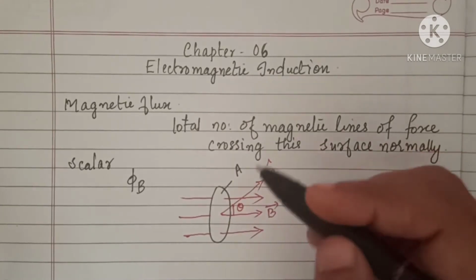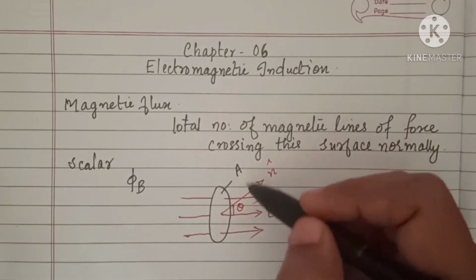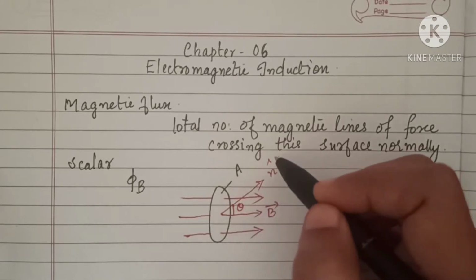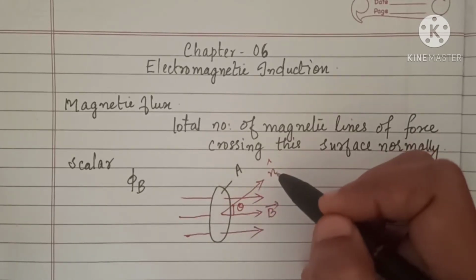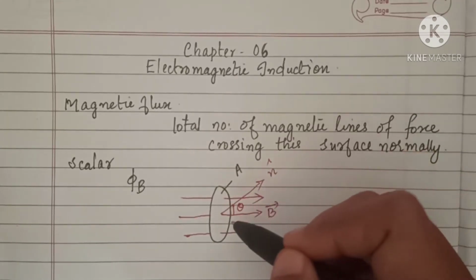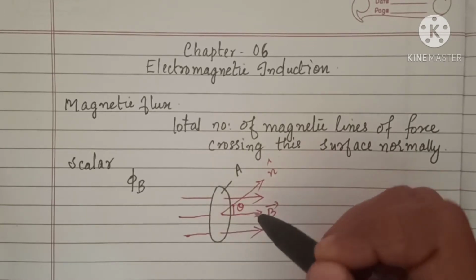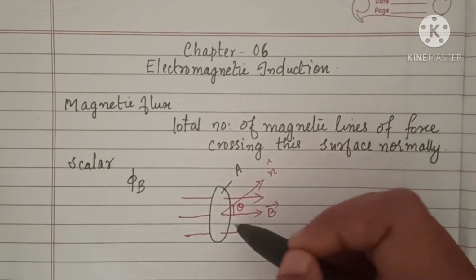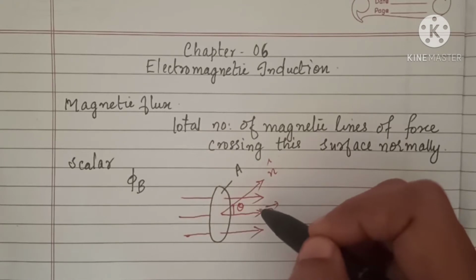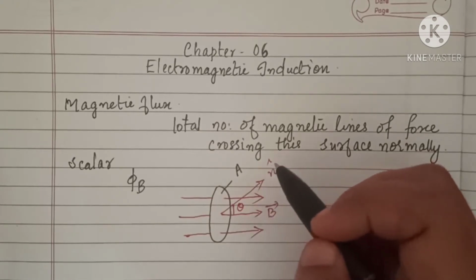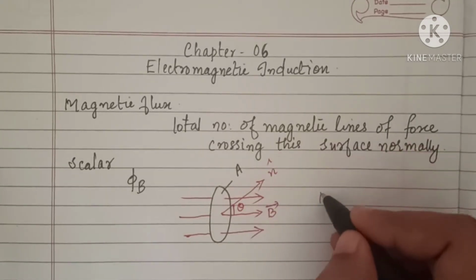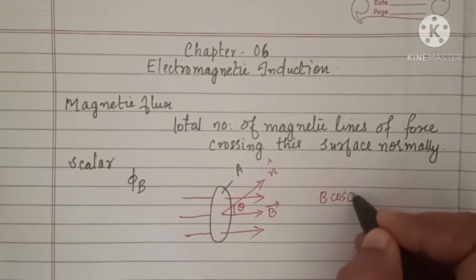Clear? So if the field B makes an angle theta with the normal drawn to the area A, then the component of the field normal to this area will be B cos theta.